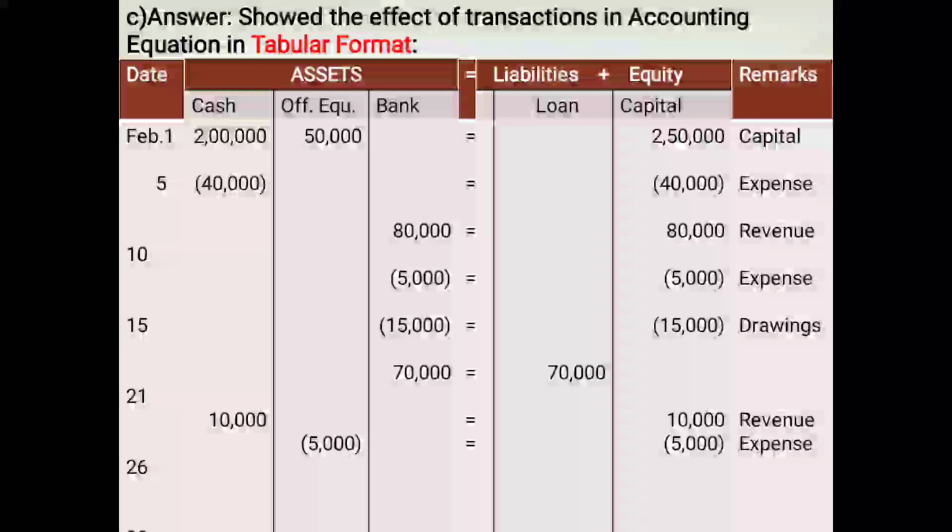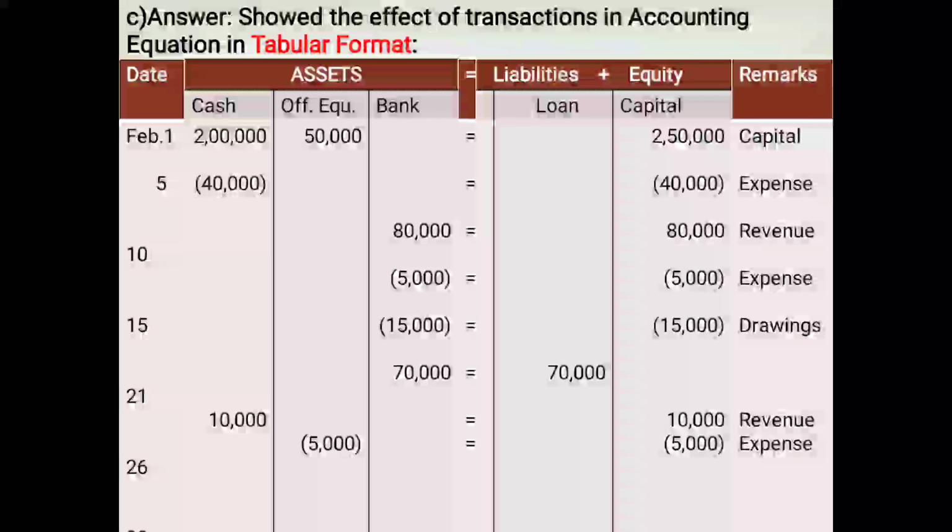Now you can add the total of each column, that is cash, office equipment, bank, loan, capital. You know, from the second requirement, you can easily take how many assets, how many liabilities and equity columns are available in this item.